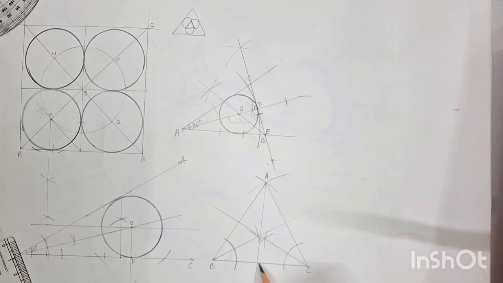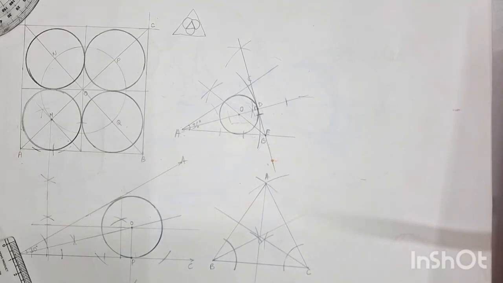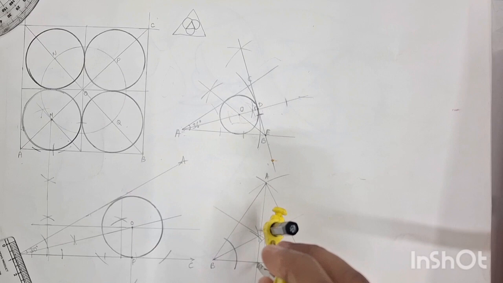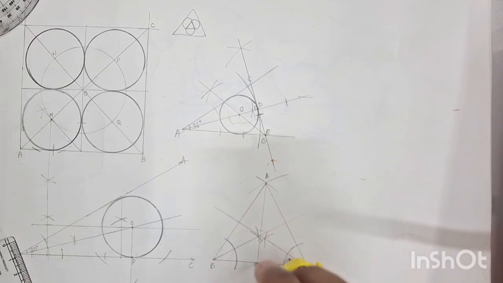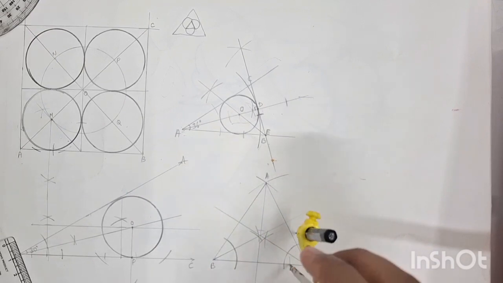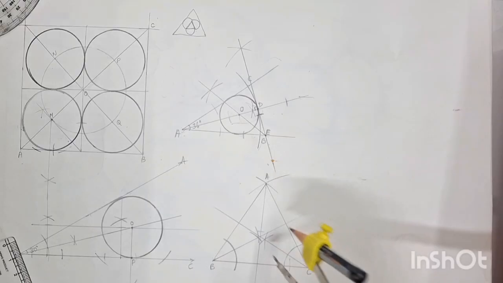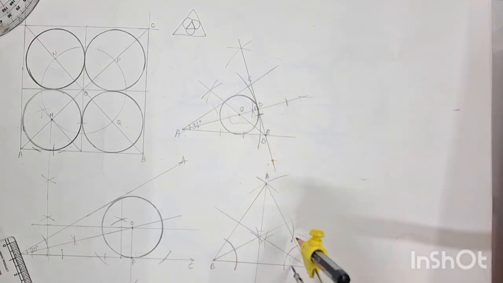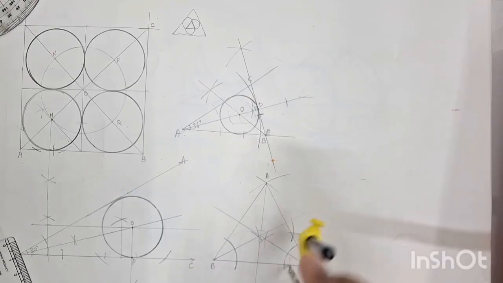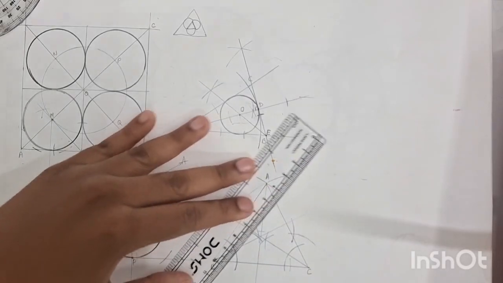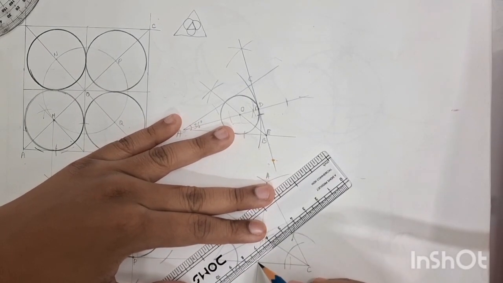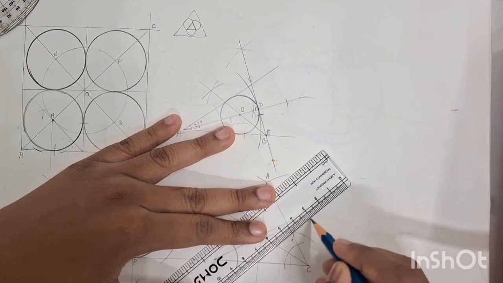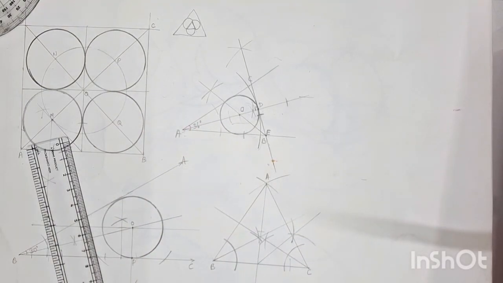Now again I will bisect this base angle. I am just repeating the procedures and steps of previous constructions. If you understand it, then the concept is very clear.